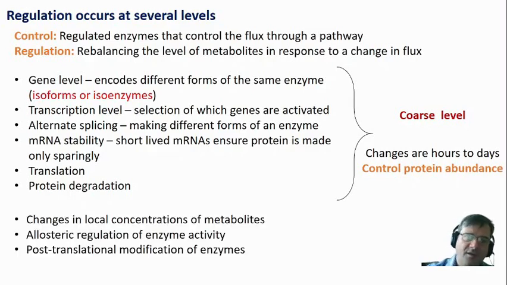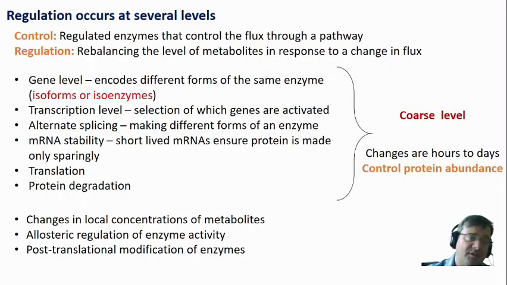However, we also can have control at the local level, in saying local concentrations of metabolites. Remember, substrate concentration is key to affecting perhaps enzyme activity. Allosteric regulation of enzyme activity, where things bind to enzymes and change their activity.